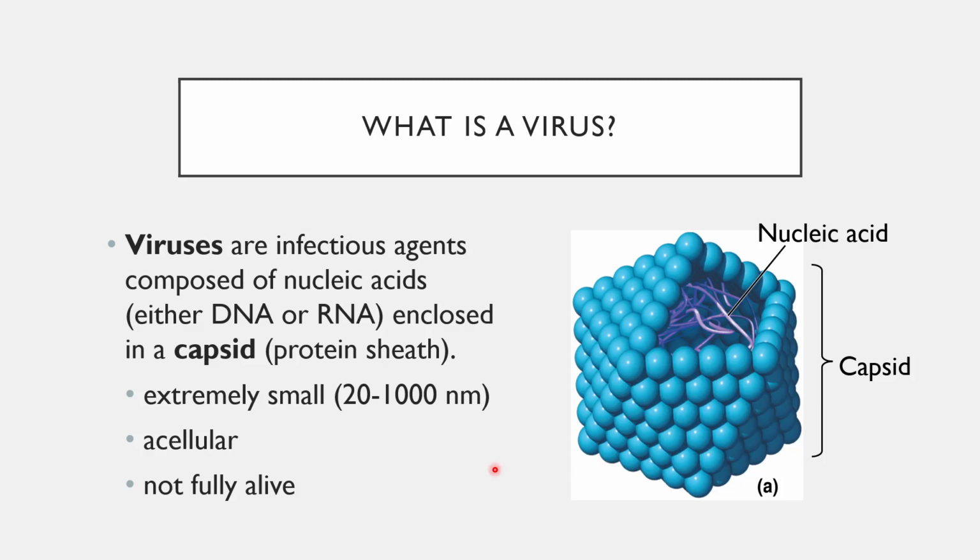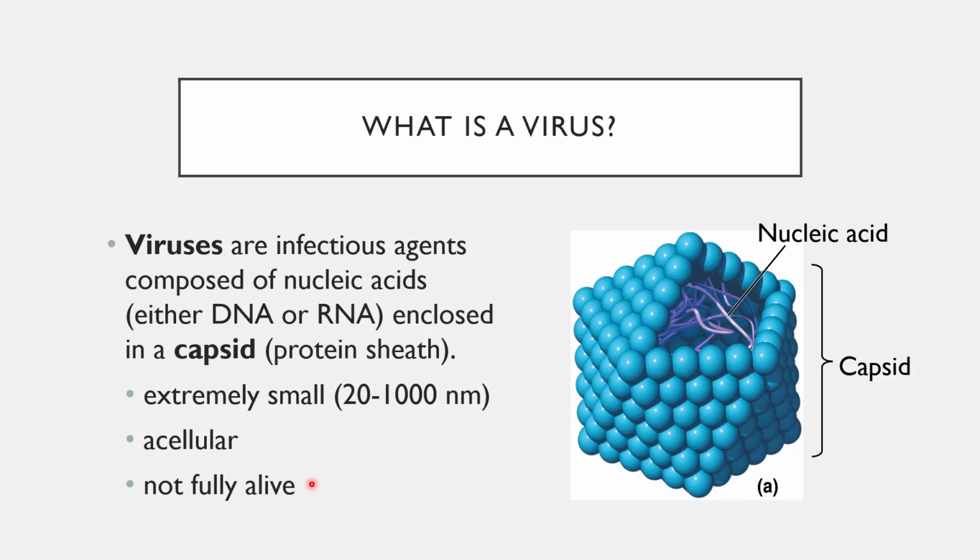They are acellular, so they are not made of cells, and they are not considered to be fully alive. They have some characteristics of living organisms, but they lack the full set of characteristics of living organisms that biologists agree are required for something to be considered living. And we'll also talk about that in just a moment.